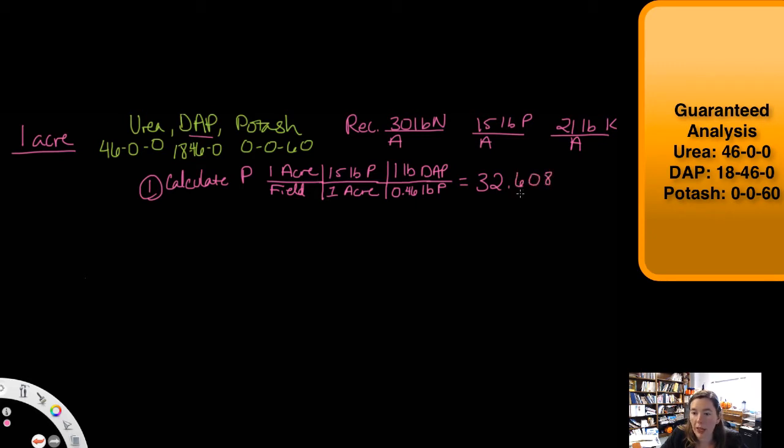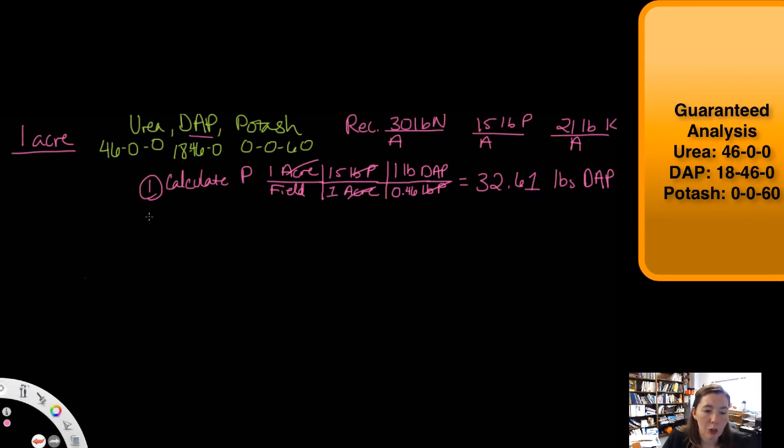We're going to round that to 2 decimal places, so that'll become 32.61. And when we cross out our units, we end up with pounds of DAP for that field. Okay, so we've got how much DAP we need.